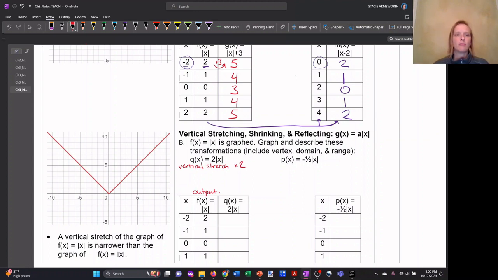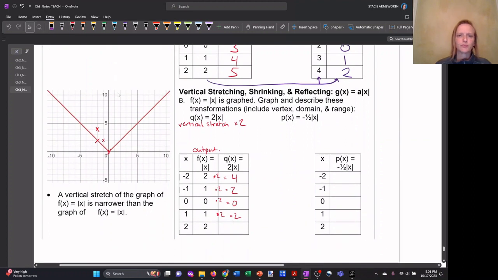So right now I have a point at negative 2, 2, right here. And I'm going to double that to get a new value of 4. So now I'll be up here at negative 2, 4. At negative 1, 1, I'm going to multiply that by 2, and my new position will be at 2. 0 times 2 is just 0, so I'm still going to have my vertex in the same place. 1 times 2 is going to give me a value of 2.